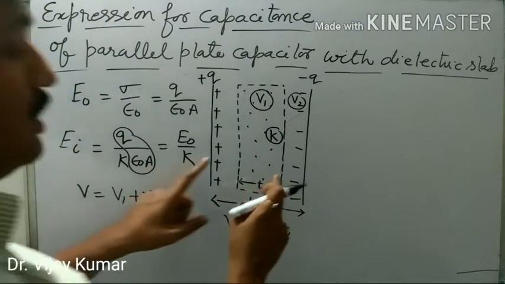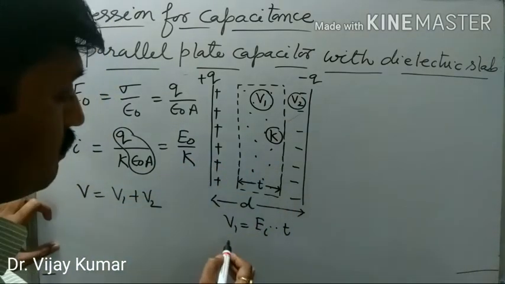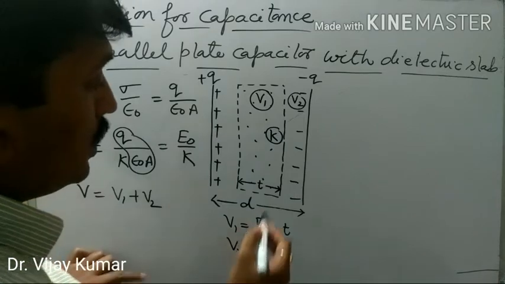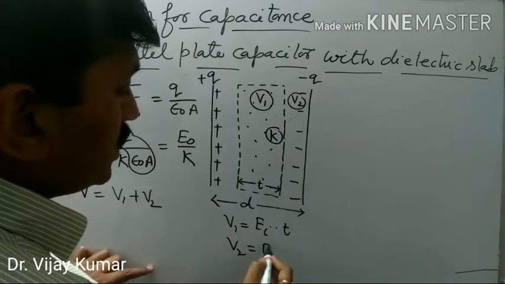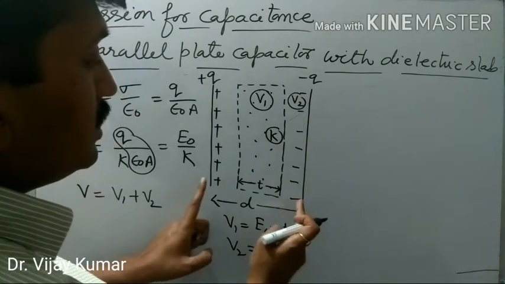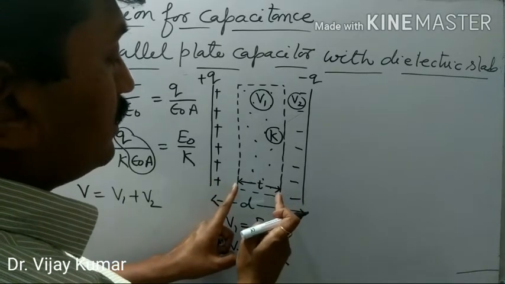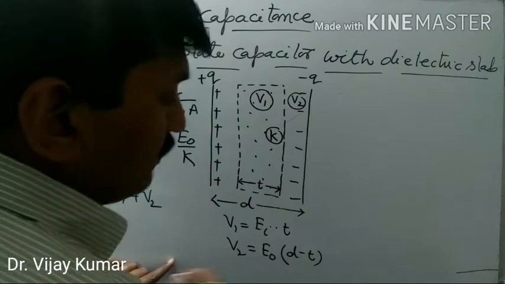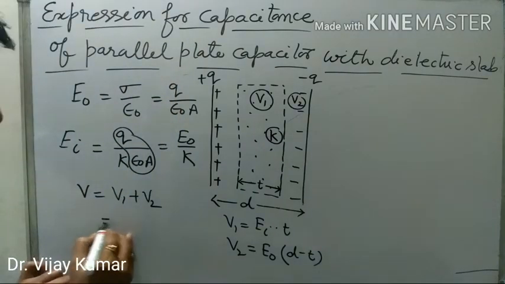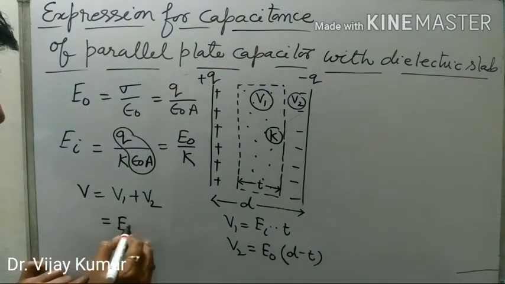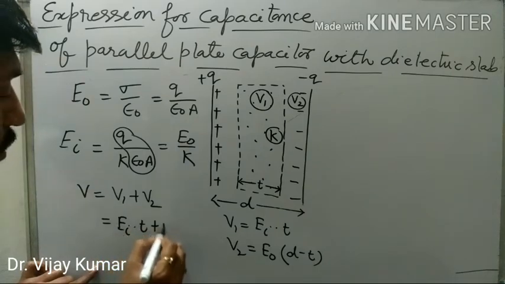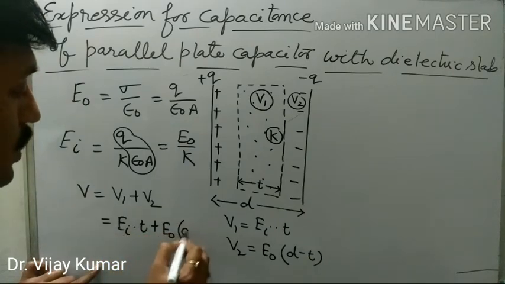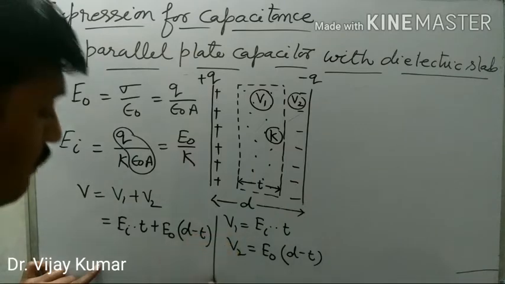And the second potential, due to free space, is V2. The electric field in free space is E naught, and the total distance is D, the dielectric thickness is T, so the free space distance is D minus T. It means total potential should be E_i into T plus E naught into (D minus T).